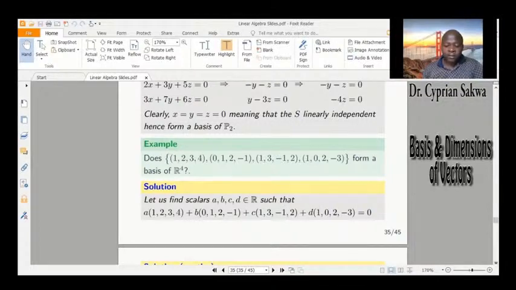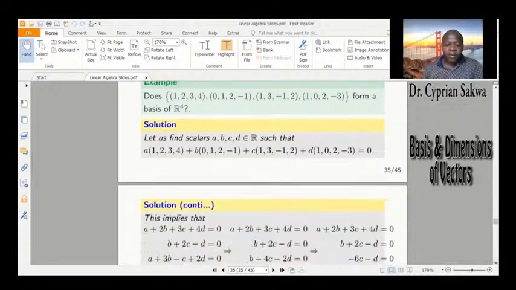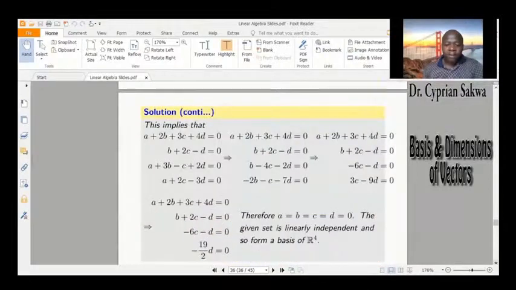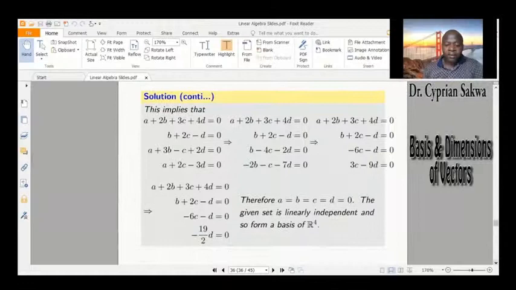I did that, and I found that the scalars were all 0. So try it slowly on your own time and see whether you get the same result as what I have here. So for me, the scalars A, B, C, D were all 0, and therefore the given set was linearly independent, which means it forms a basis of R4.